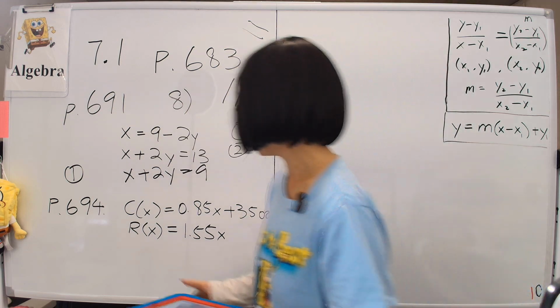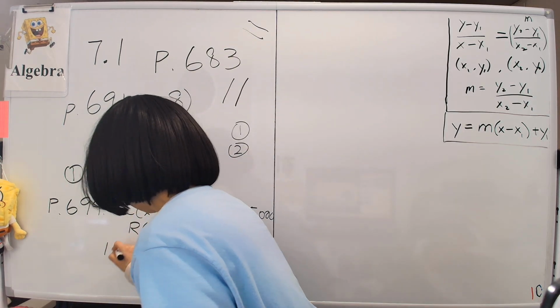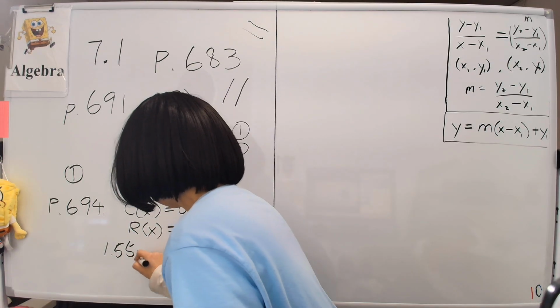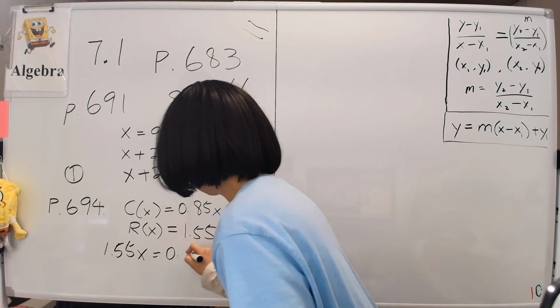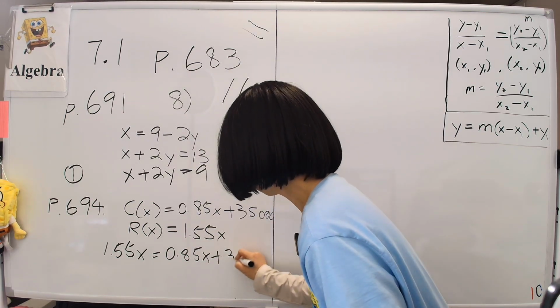So I'll write that down, which is 1.55x equals 0.85x plus 35,000.